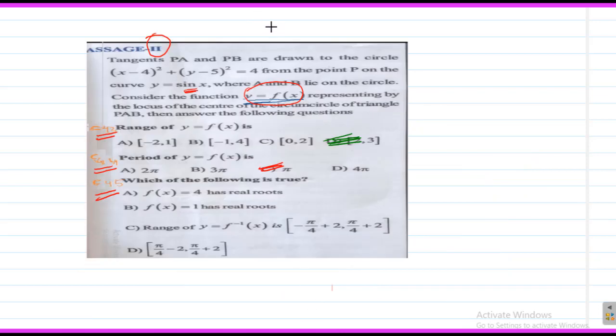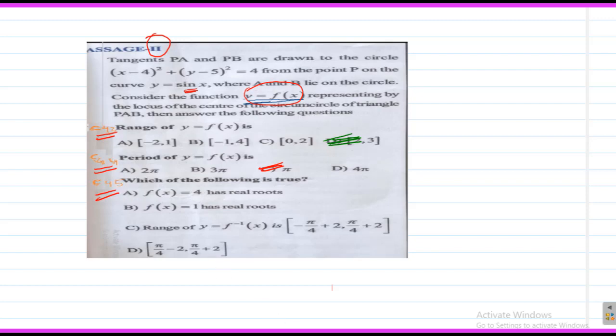I think this is an interesting one. C45. Without doing all four, we can't say the answer. Which of the following is true? f of x equal to 4 has real roots. f of x equal to 1 has real roots. The range of f inverse of x is equal to this. So we can't directly say the answer for this; we need to solve each and every one.